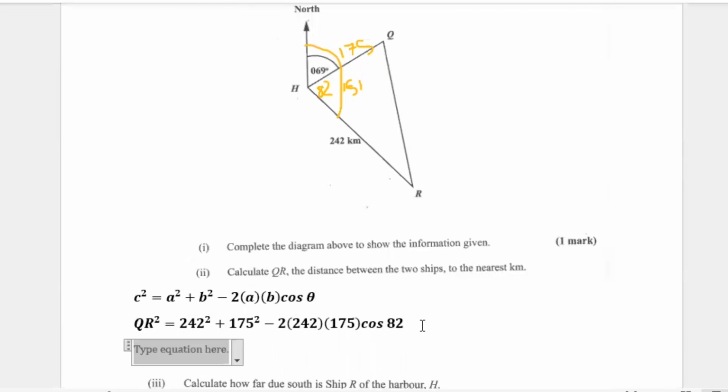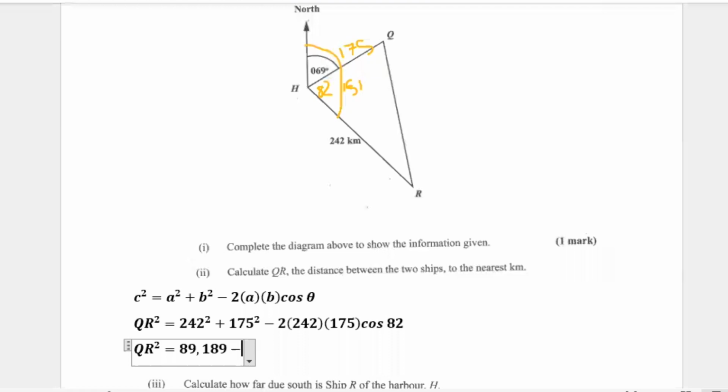Therefore, QR square is equal to, put in the 242 square plus 175 square, and what you'll get is 89,189 minus, now put in everything from this part.